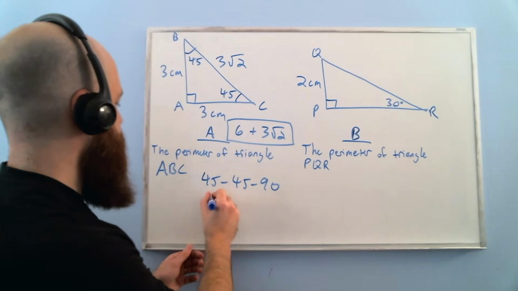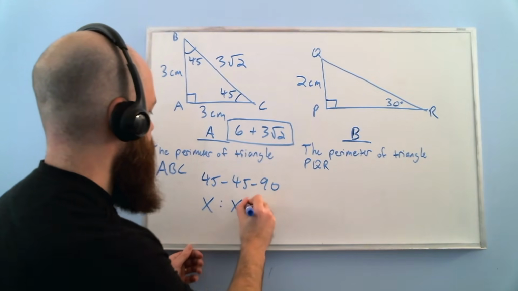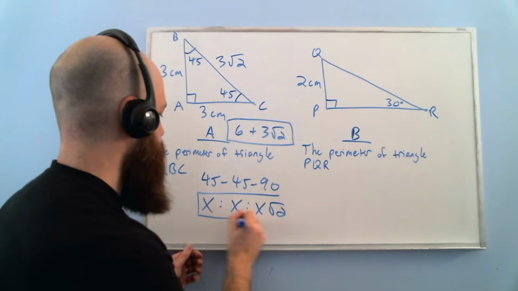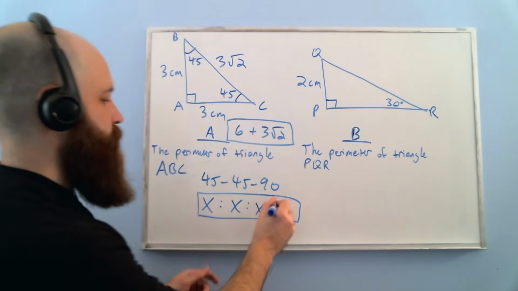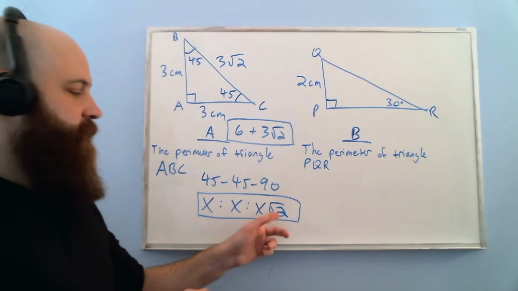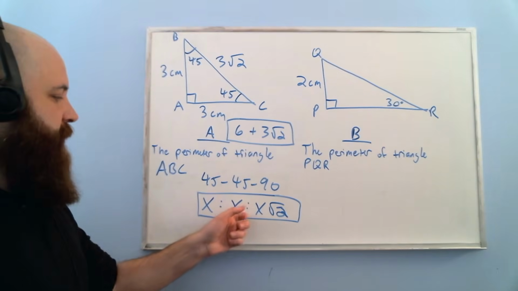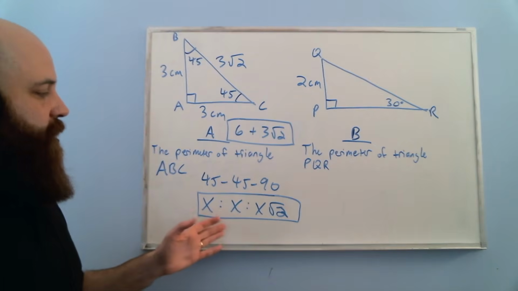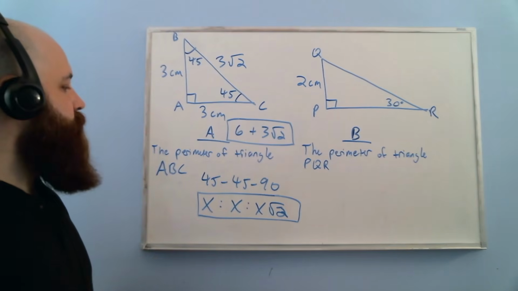Now, if that's the case, I can always apply this formula that relates the lengths of the 3 sides. X root 2 is the length of the hypotenuse. Both of the legs are equal to x. So notice, as long as I know one of the 3 sides, I can find the other two really easily.